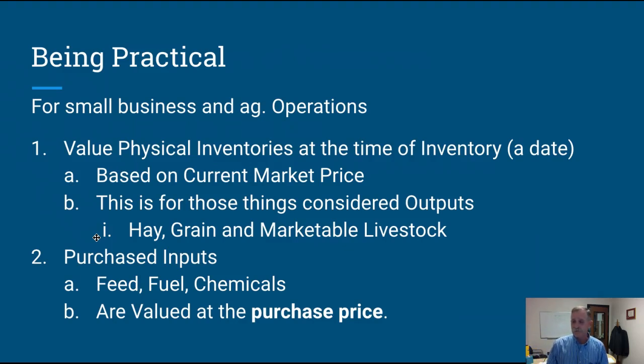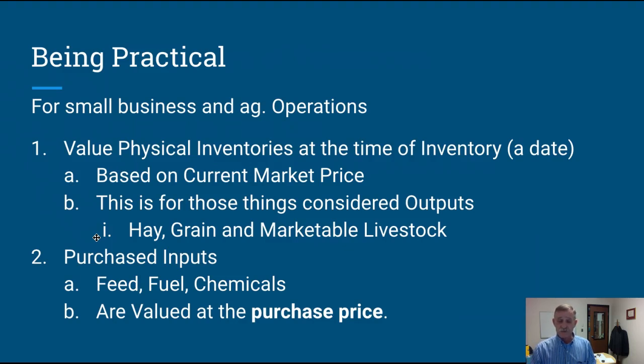The first one that I've got up on the board here is based on current market price. I always tell people that most of us will say, well, this is what I heard I could get. But market price is a little different than that.